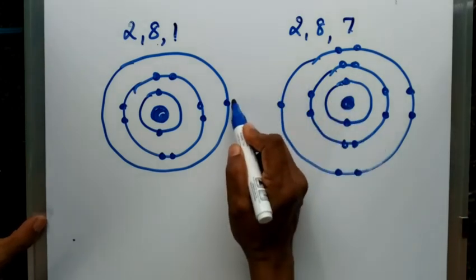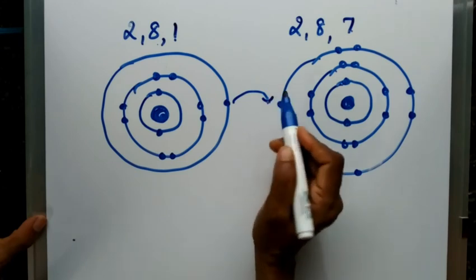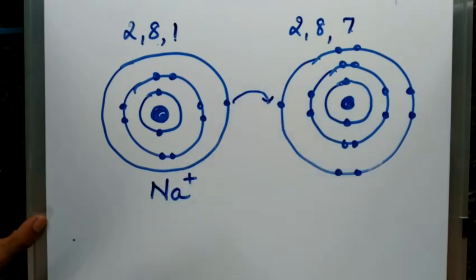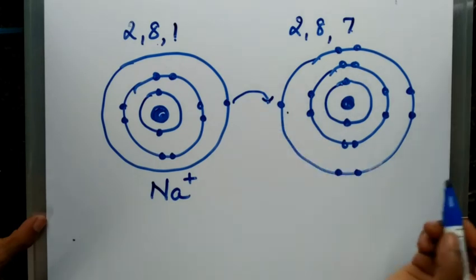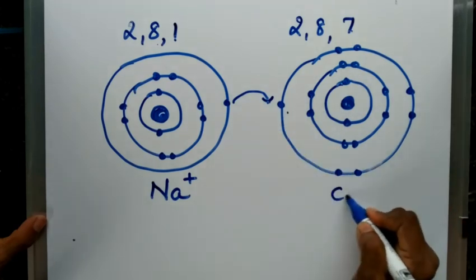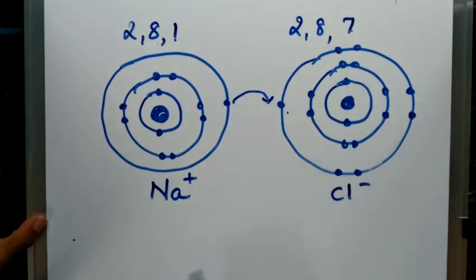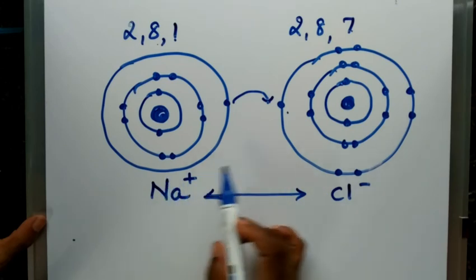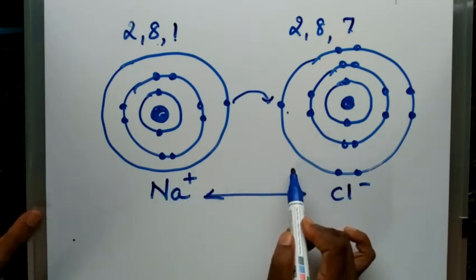So 1 electron is transferred from sodium atom, and so it becomes Na plus. Chlorine receives 1 electron, so it becomes Cl minus. So this is how an ionic bond is formed between the ions.